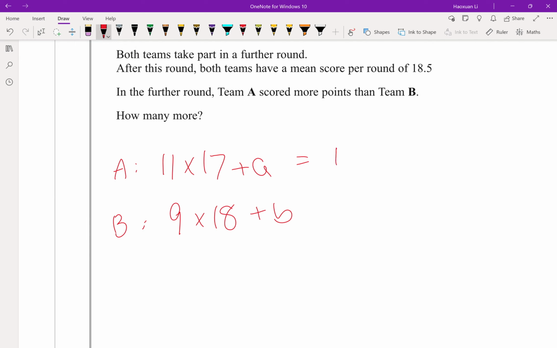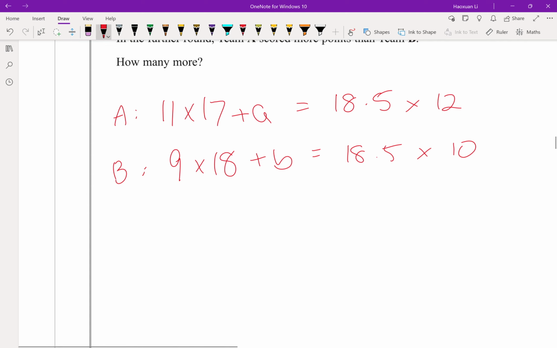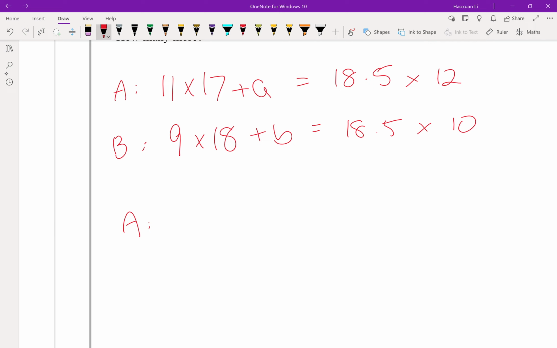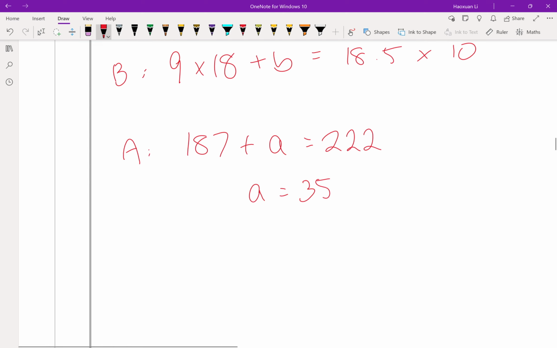So we can form and solve an equation. 18.5 times 12, because there's 12 rounds for A, and 18.5 times 10, because now they'll have 10 rounds for B. So 11 times 17 is 187, plus A will get you 222, and A will be 35.